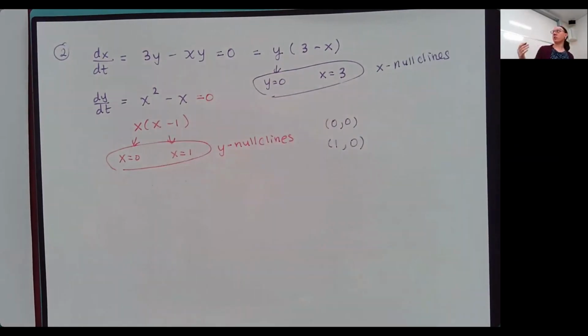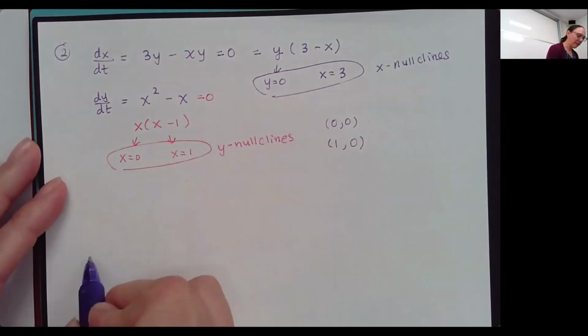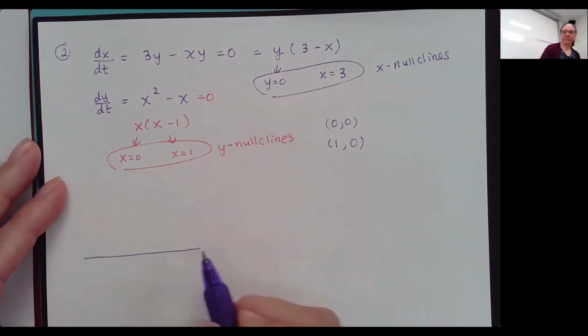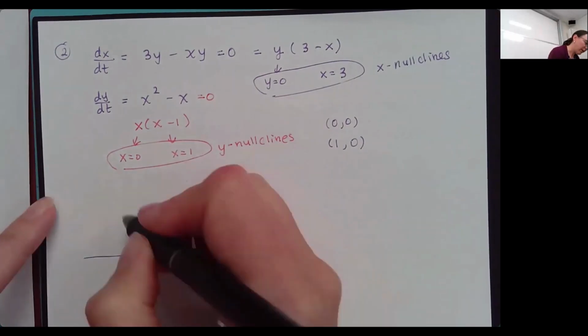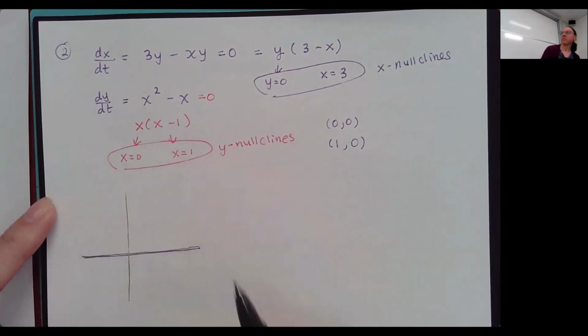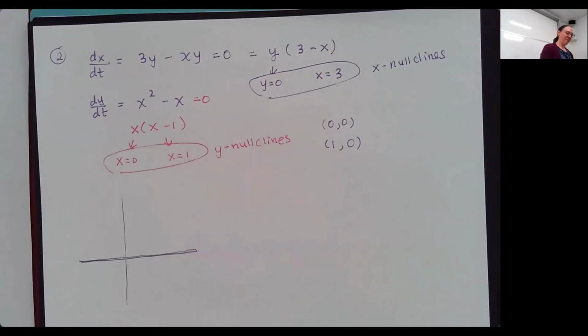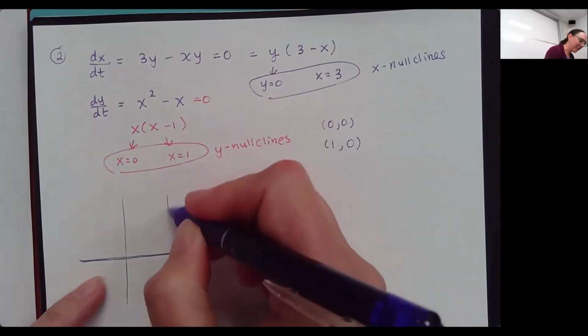If I were to graph those null lines, I'm not going to do the phase plane analysis, but if I were to quickly sketch them, my x null lines are at y equals 0 and x equals 3.